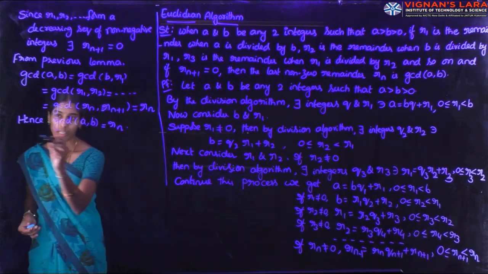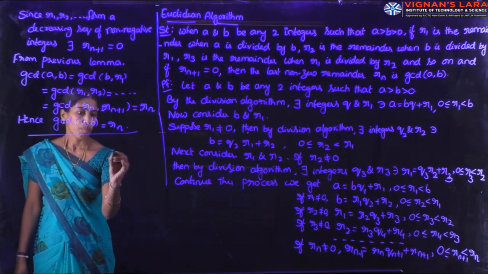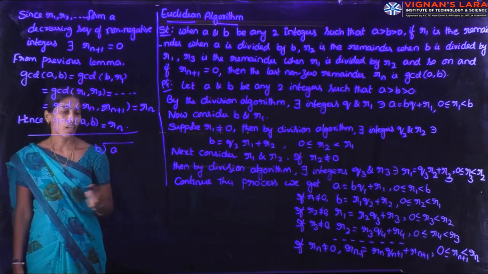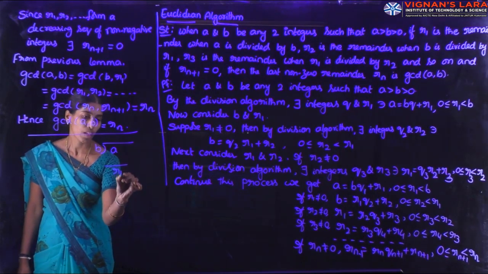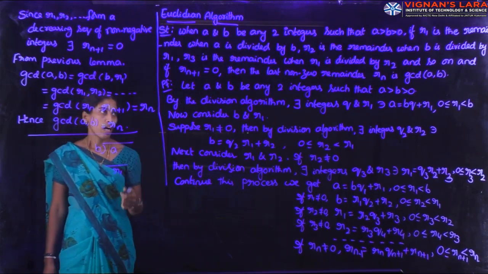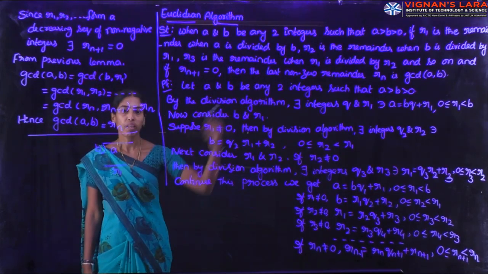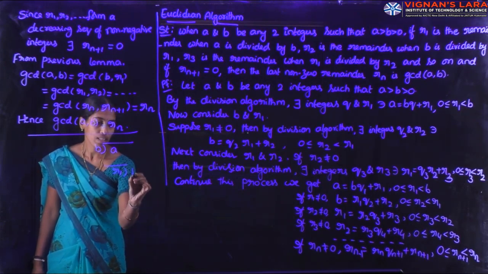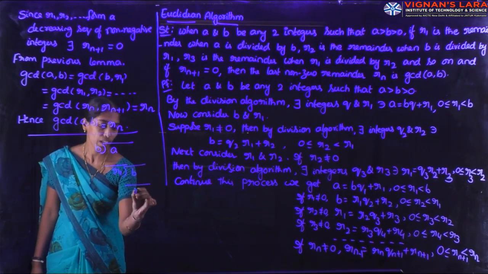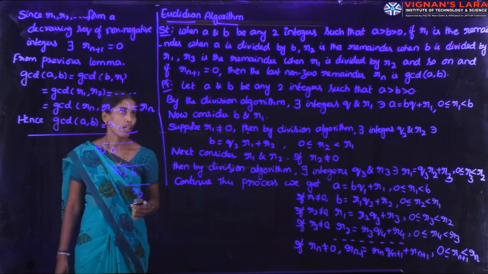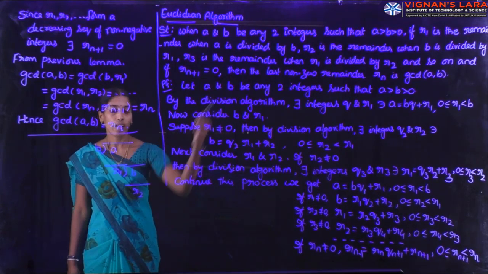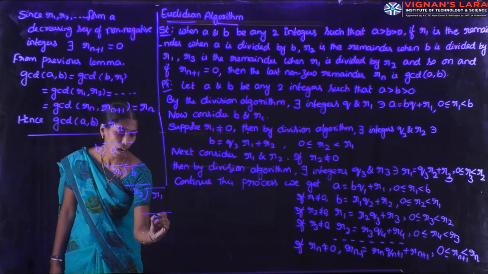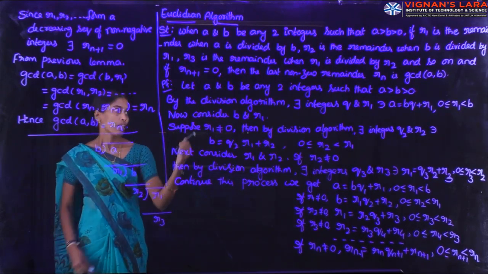If R1 is the remainder when A is divided by B, here I will explain. Because A is greater than 0, when you divide A by B, R1 is the remainder. Next, R2 is the remainder when B is divided by R1. Then R3 is the remainder when R1 is divided by R2, and so on.